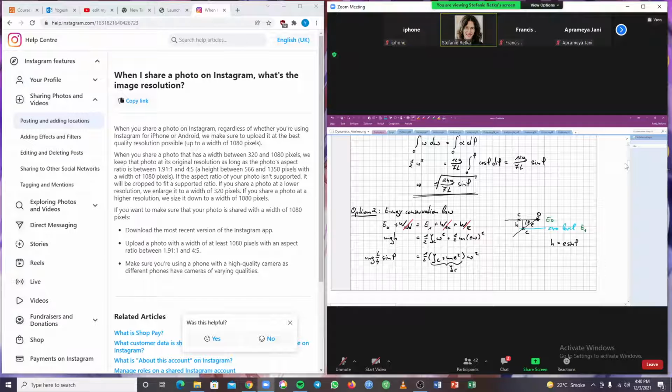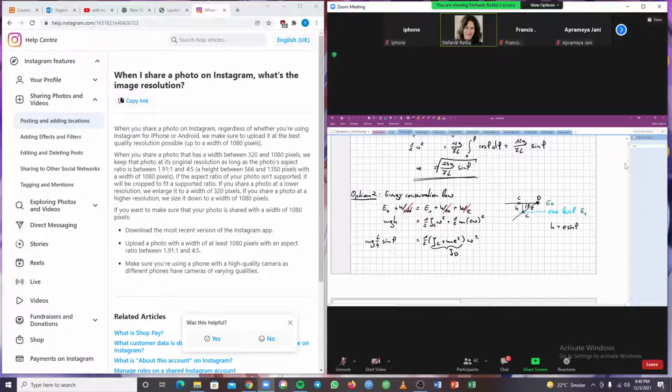This is Jd, which we computed at the very beginning. Then we have mg L over 4 sine phi is equal to 1/2 times 7 over 48 L squared omega squared.